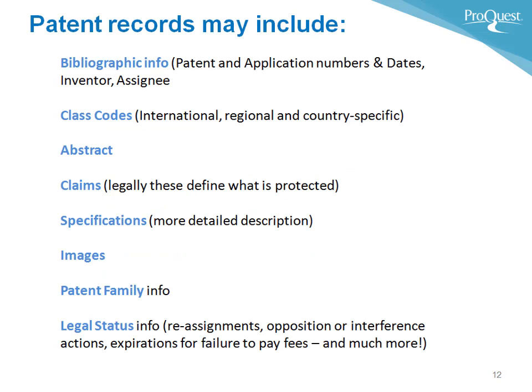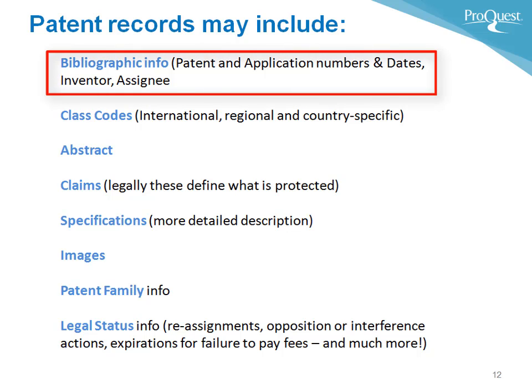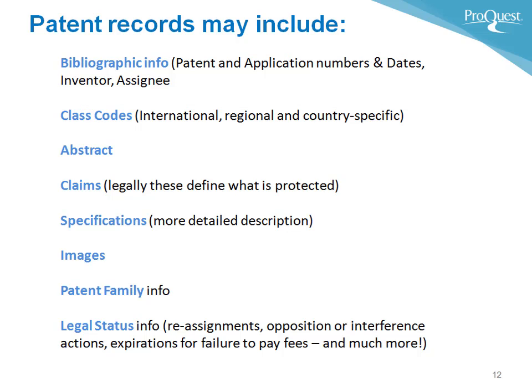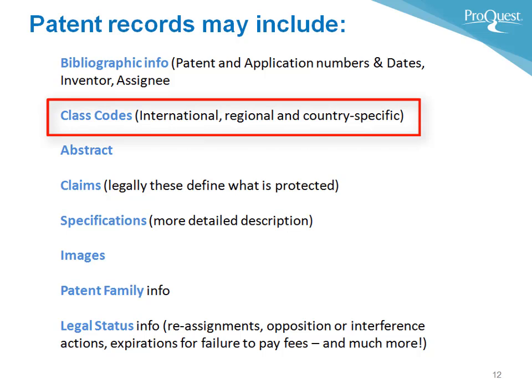So, what does a patent record include? There's what's called a bibliographic section, with things like the title, the application and publication numbers with the dates, the assignee, or in other words, the owner or the applicant, and the inventor's name. There are a number of class codes used to identify the type of technology involved.